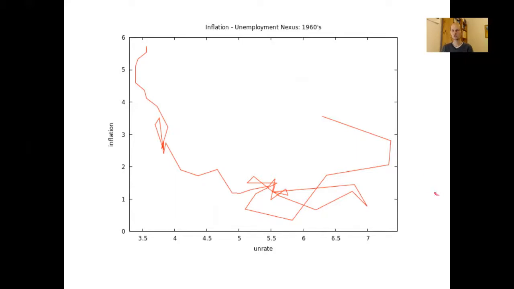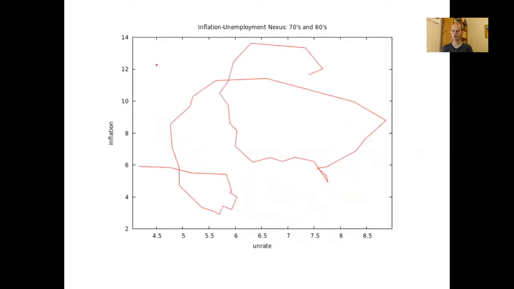And what we can see is that for most of the period, it seems that the unemployment-inflation relationship was very close to something that was a Phillips curve, just one Phillips curve. However, when we move to the 1970s and 1980s, we see a completely different picture where we cannot observe any trace of the Phillips curve anymore.